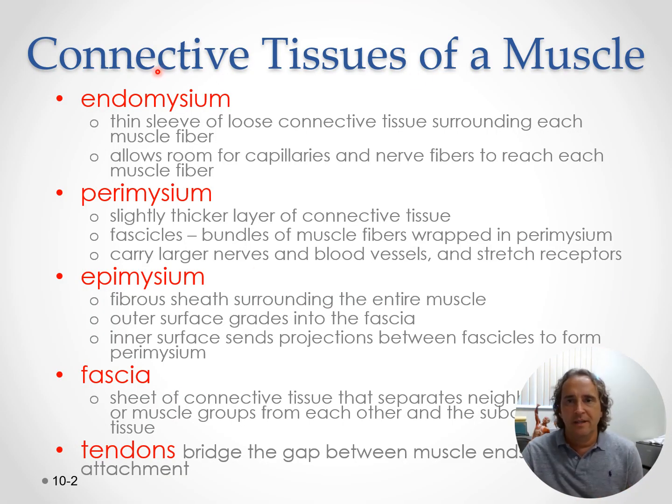So when you're looking at this slide, we don't necessarily have this model anywhere in the lab. This is the closest thing we have to it. But endomysium, perimysium, epimysium, fascia, and tendons are important because it's good to know how the individual muscle fibers are bundled.